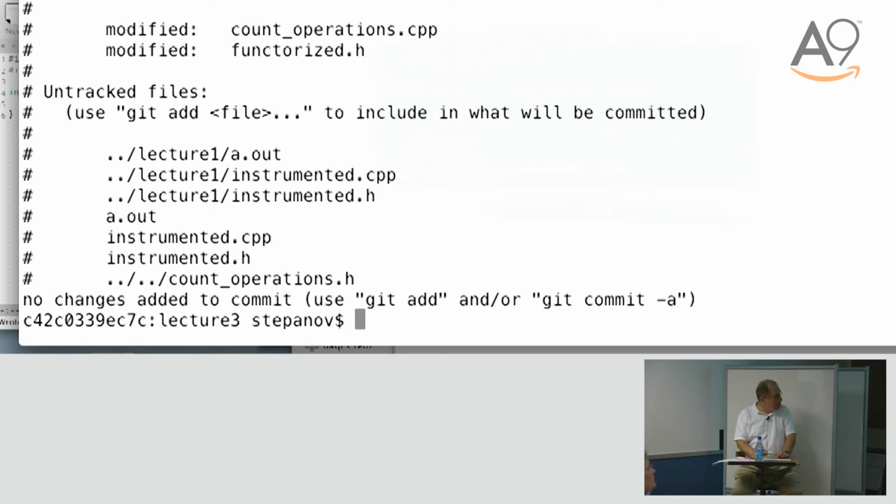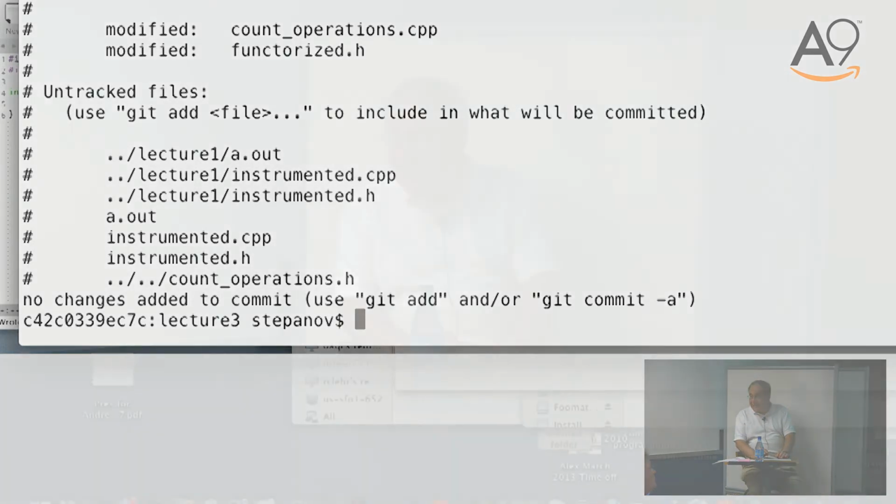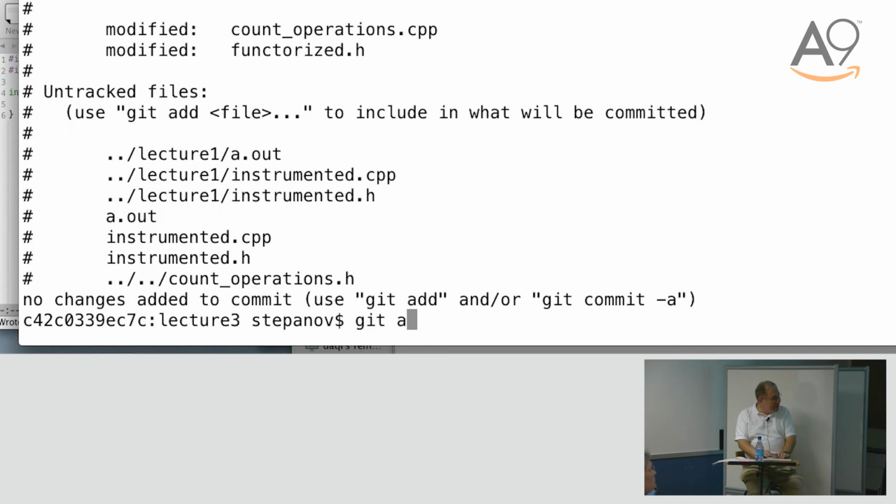No, they're all there. Or instrumented is not added. I apologize, guys. You should have told me. So what were you doing? I'm just going to git add instrumented star.